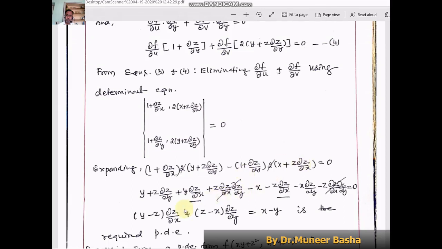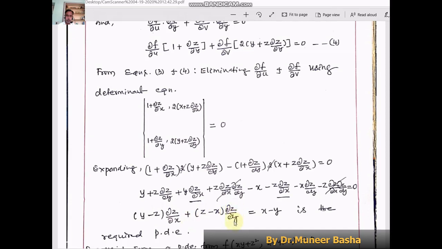So simplify here and some of the terms cancelled, this term and this term with opposite sign cancelled, and then some common factors. From this one and this one, z dou z by dou x is common, therefore it is y minus z into dou z by dou x.